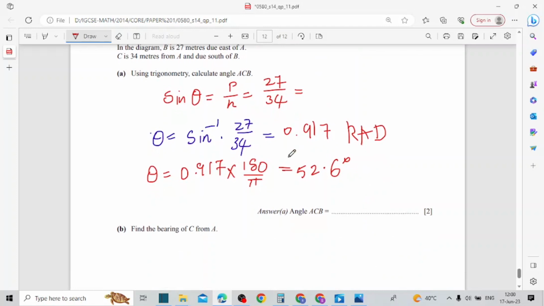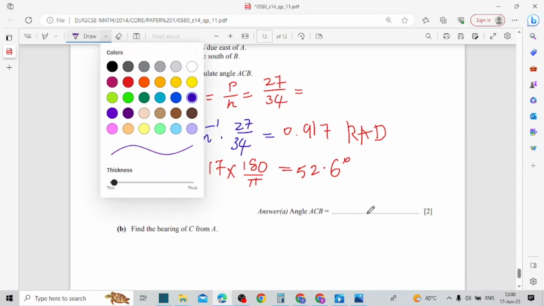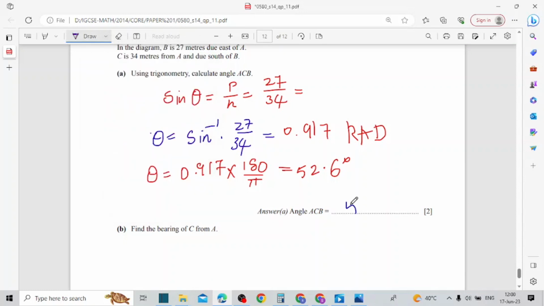This way we calculate the theta value here, 52.6.